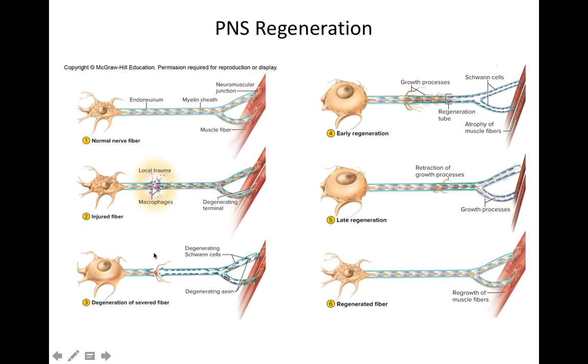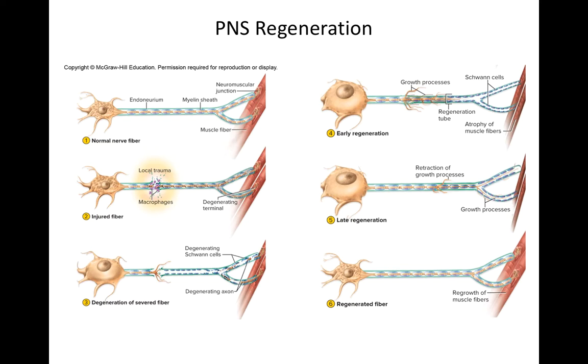If one of these doesn't hit the growth tube, this doesn't work. If it hits the growth tube, but the growth tube is a little off and you don't reconnect at the neuromuscular junction, that probably isn't going to work. Even if it does work, there's usually some type of deficit there. How significant could be something you don't even notice, but could be really significant.